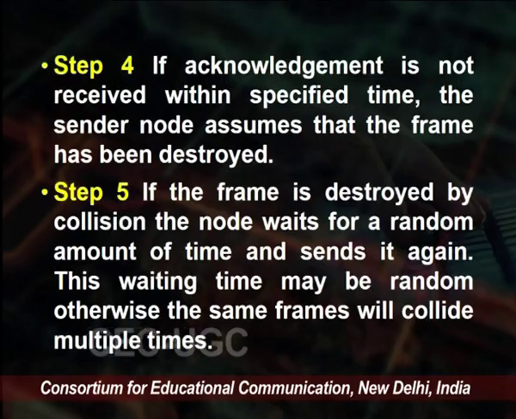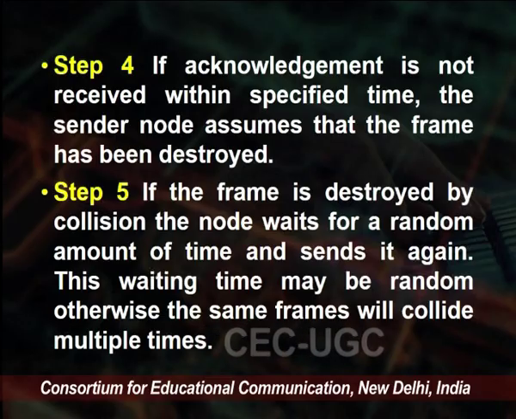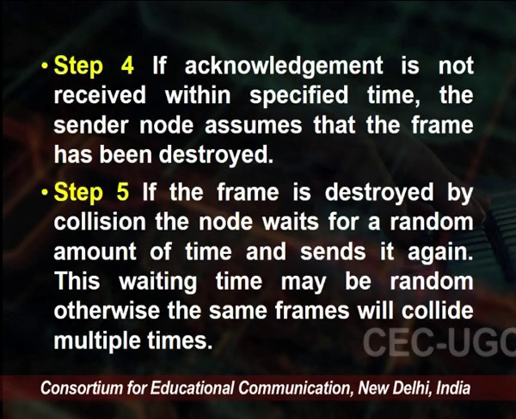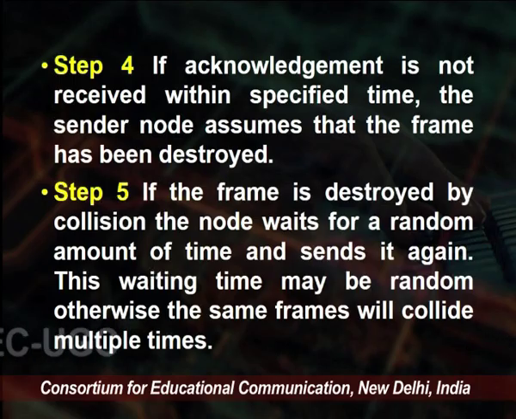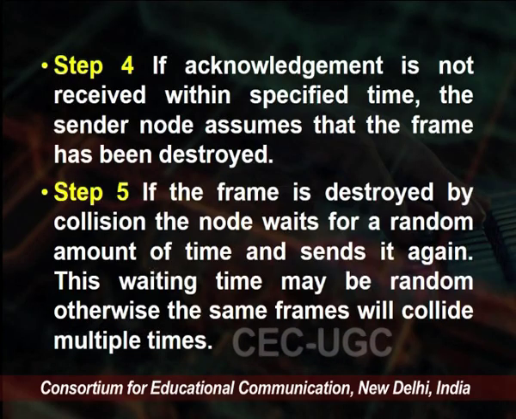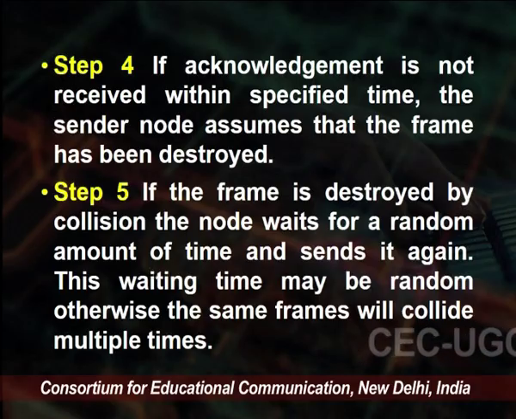Also in pure ALOHA, the sender expects an acknowledgement from the receiver. If the acknowledgement is not received within a specified time, the sender node assumes that the frame has been destroyed. This kind of mechanism we have also seen in our previous data link layer protocols, such as utopia, the simplest protocols and so forth.